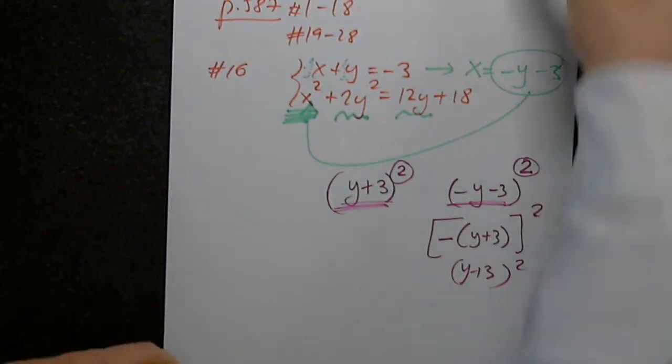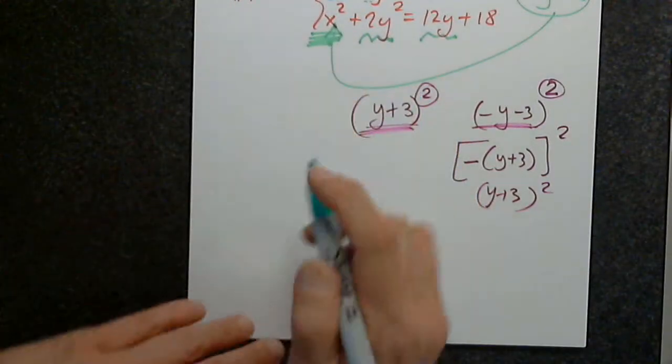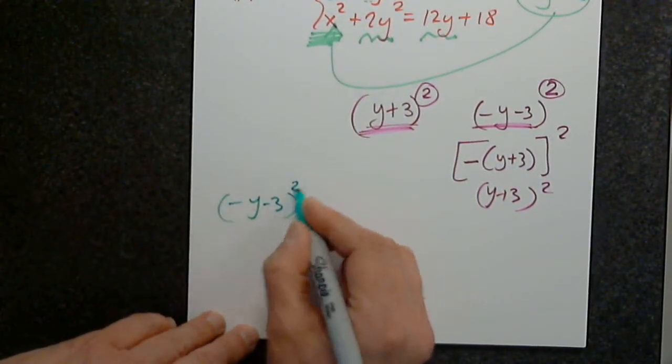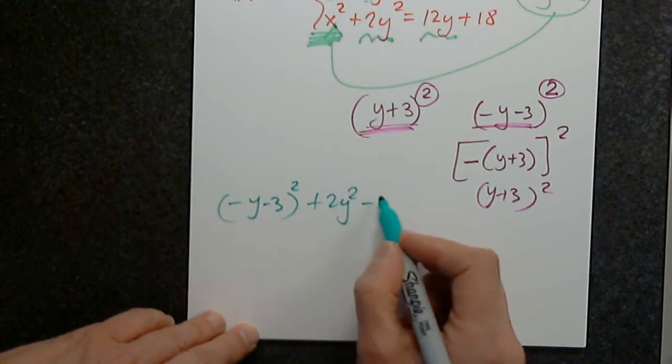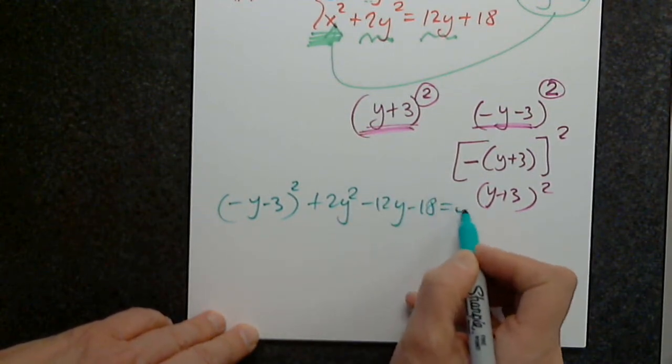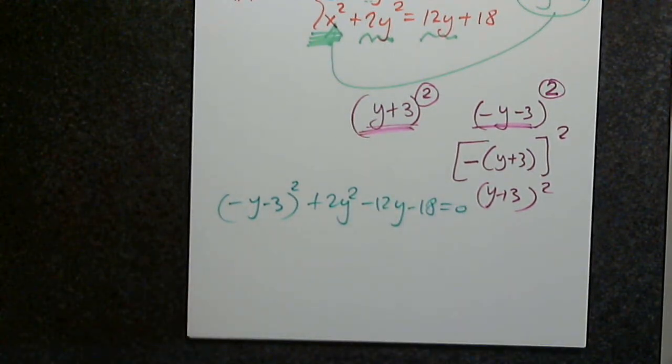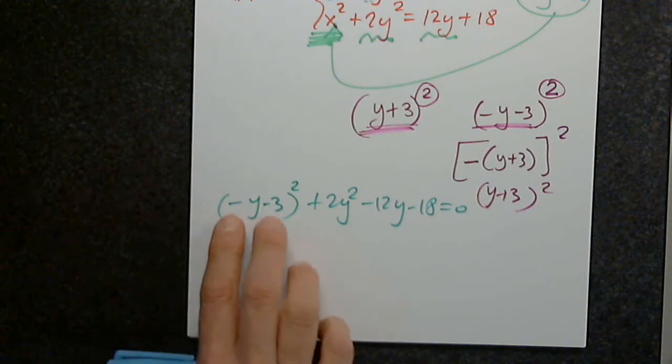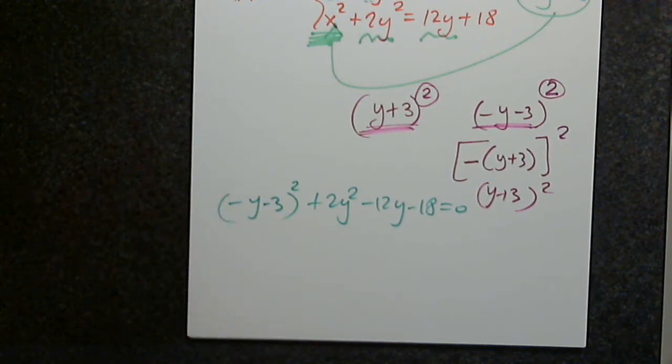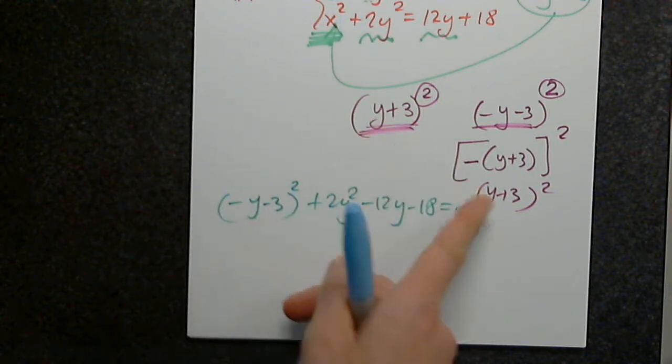So when I replace, -y minus 3 squared plus 2y squared minus 12y minus 18 equals 0. Of course, I have to set everything equal to 0 because it's quadratic. Knowing that both terms are negative, I can square as if they are both positive because of this reason.